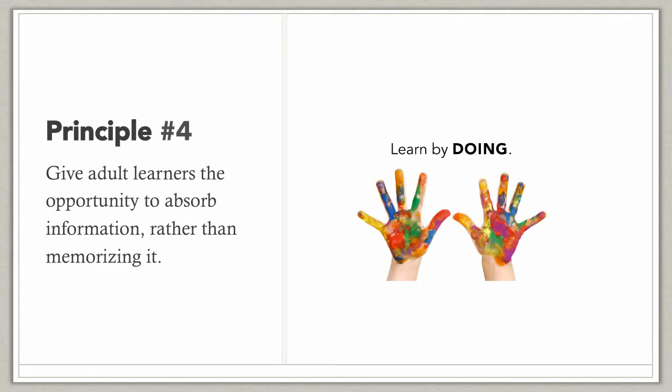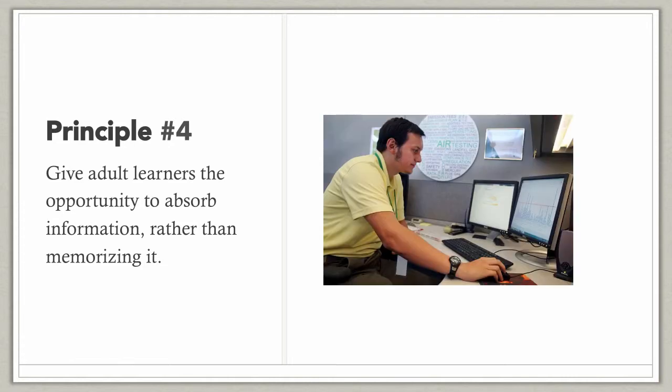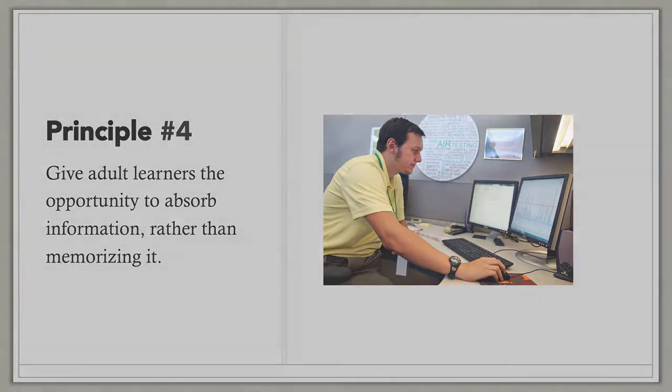This often means that the subject matter should offer them the chance to fine-tune skill sets and acquire and retain practical knowledge by doing rather than just memorizing. Create activities that allow adult learners to delve into specific tasks, such as simulations, that enable them to store the information in their long-term memory through repetition and experience.